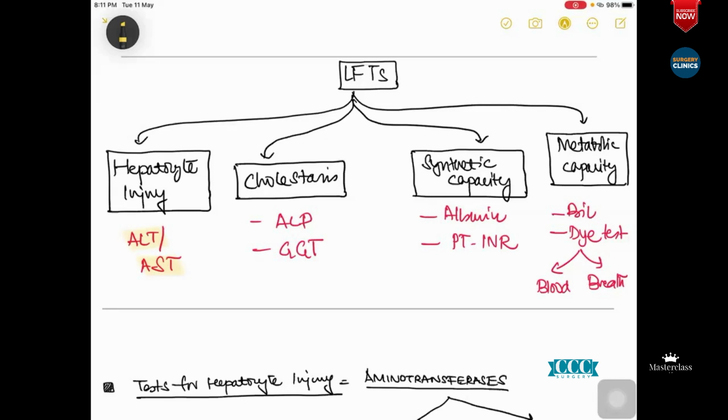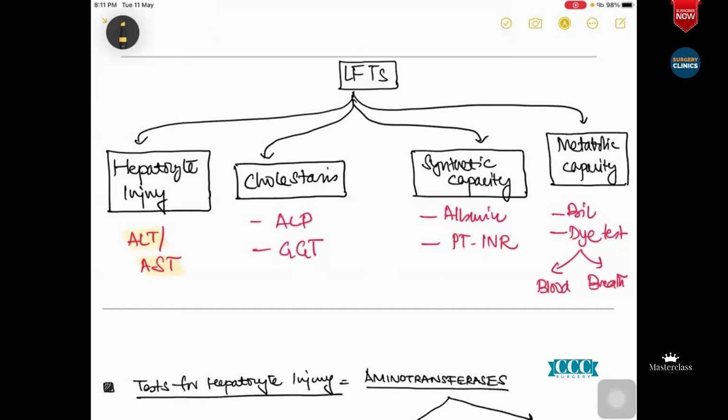Now, I'll deal with each of these in detail, and each hepatocyte has a metabolic capacity. Like we know, the liver is one organ that is responsible for detoxification of various foreign elements, including metabolism of drugs. Now, if your hepatocyte function is getting deranged, you will have a raised bilirubin.